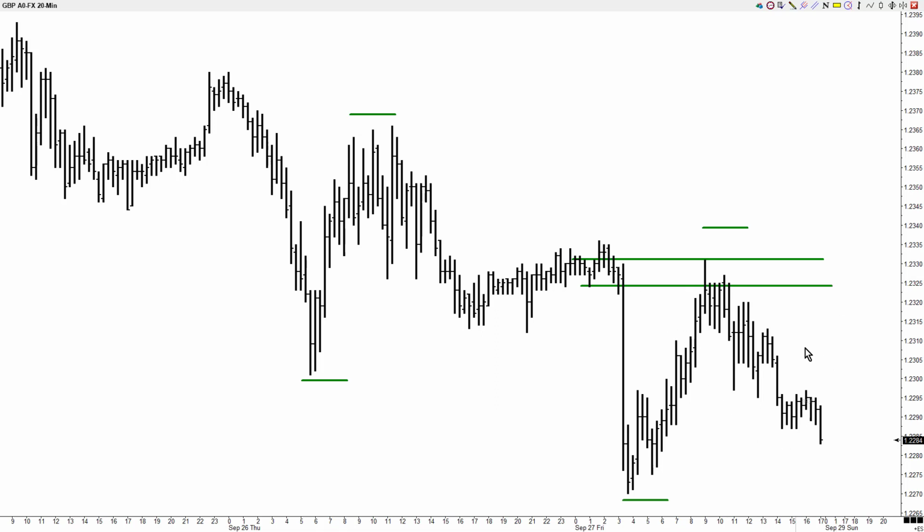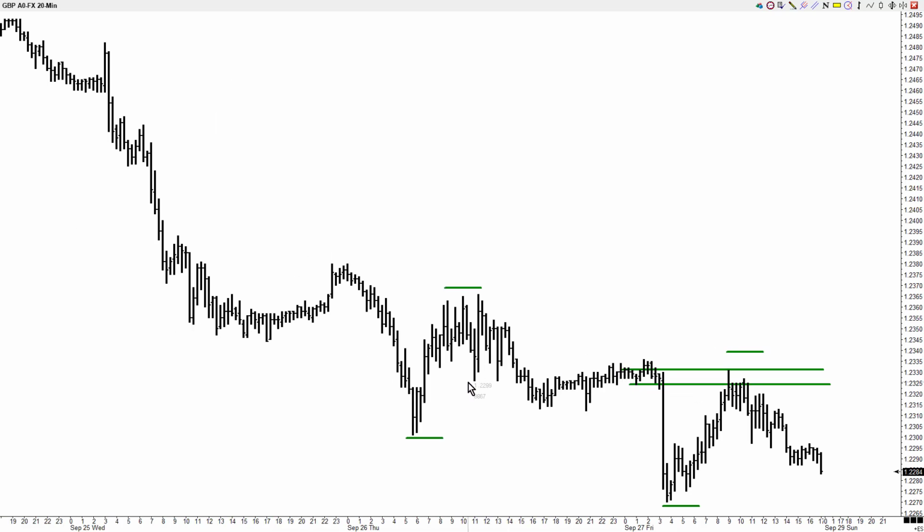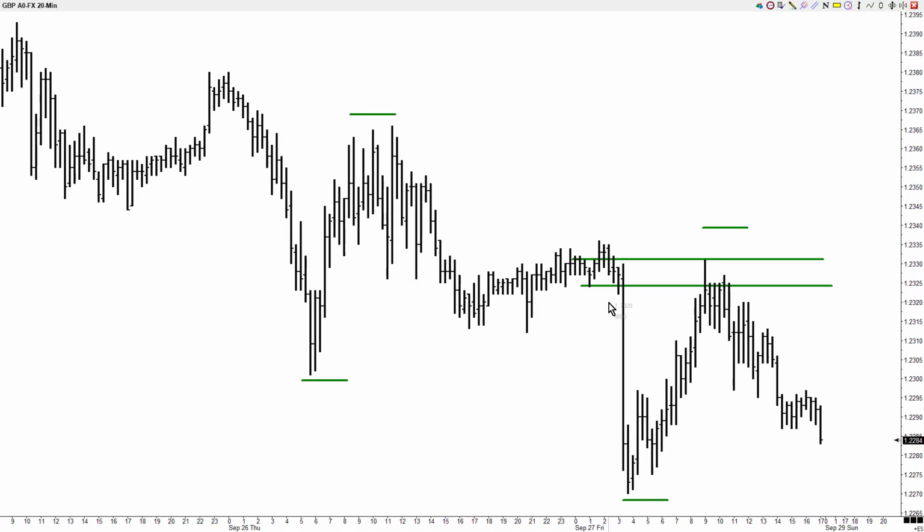If it goes through it, hey, then we have some new information. All right, so this was a basic lesson on gaps. There's a lot more to do and understand with these in order to read the market, but look for the biggest, ugliest, nastiest thing on the chart, and then don't worry about wasting all of your energy on all the rest of the nonsense. Just follow price, and price will teach you.